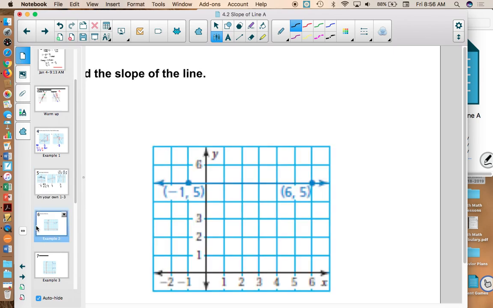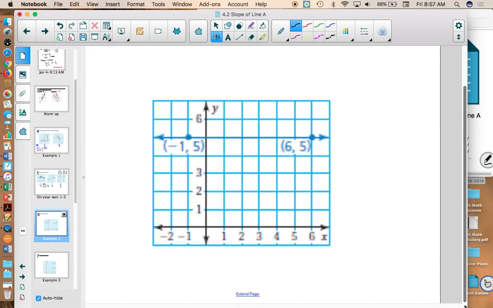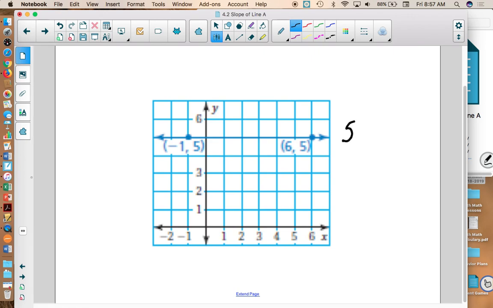Find the slope of the line. I've got my 2 points. I can still do it. I've got 5 minus 5, and I have 6 minus -1.